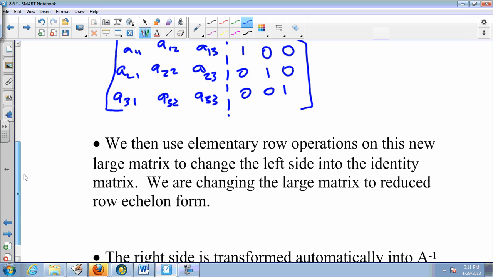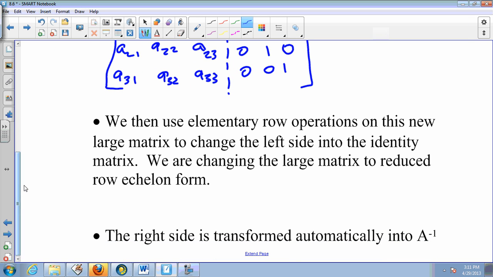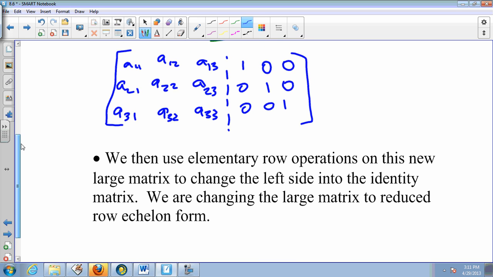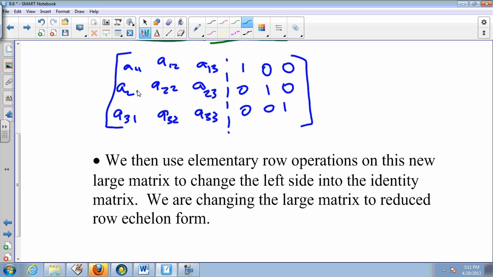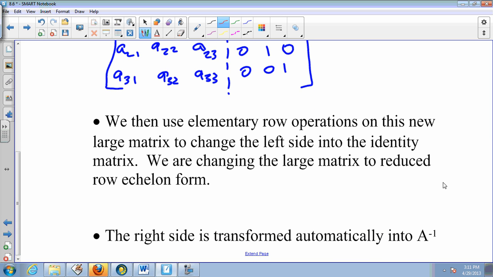So we're going to use elementary row operations on this larger matrix to change the left side into an identity. So we're going to use our row changing methods that we've used previously to get 1's on the diagonal and the rest zeros on the left, and that therefore will change the right side. And it must go down to reduced row echelon form. The right side is therefore transformed automatically into A inverse.